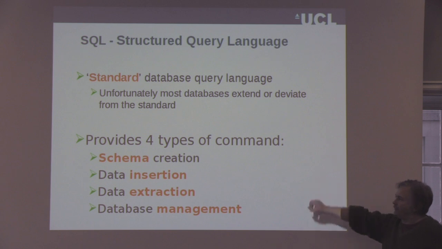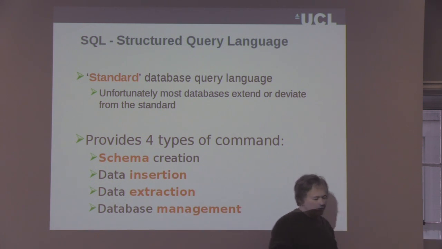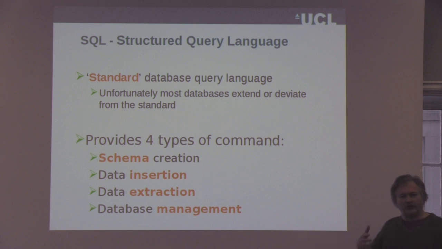Basically, you have 4 types of command, one of which is for creating what's called a schema, which is the layout of the table. So basically what the tables are called and what they contain.